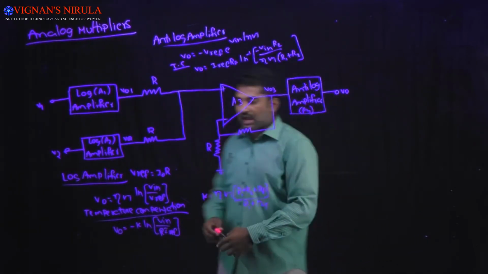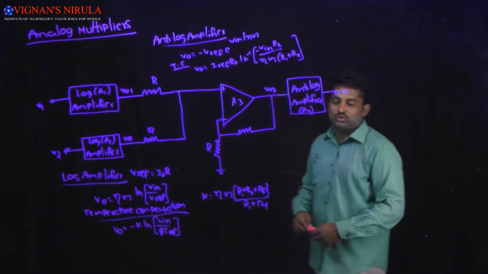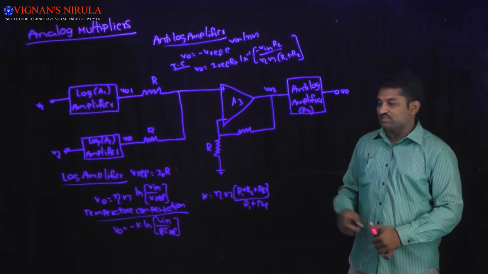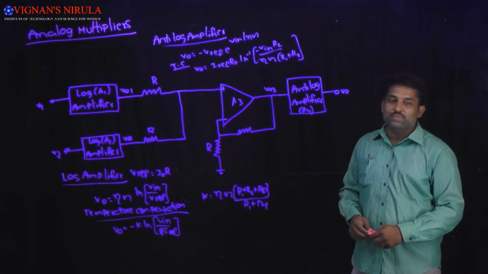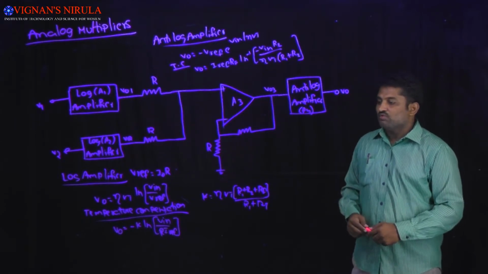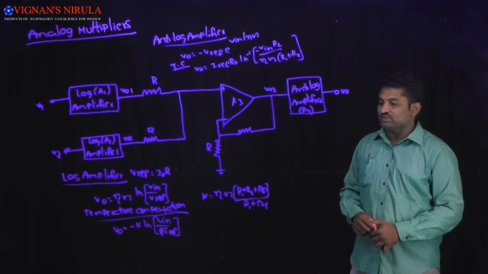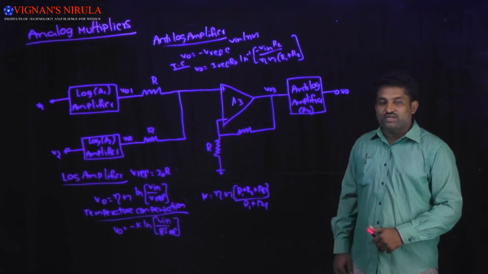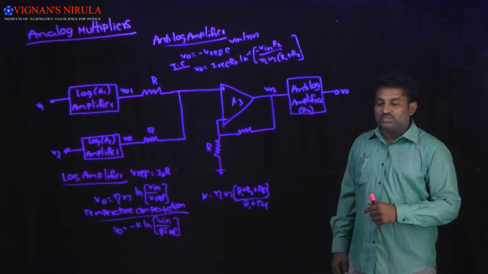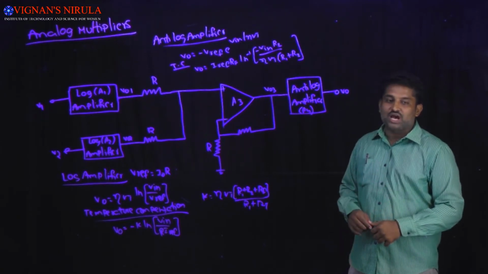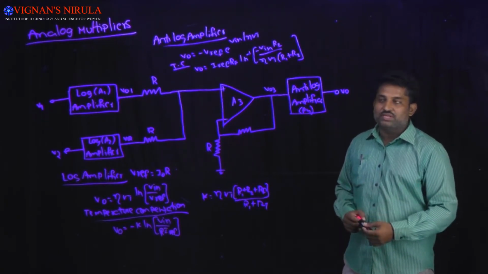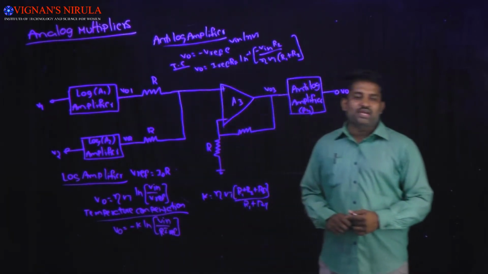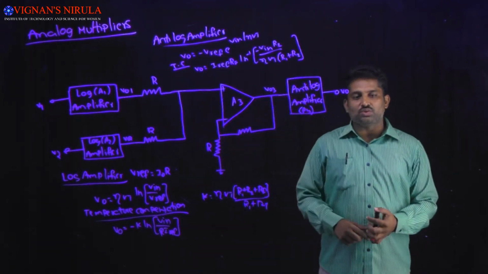For the logarithmic amplifier, V0 is equal to eta into Vt ln of Vin divided by V reference. Similarly, the temperature compensated output is V naught equal to minus K into ln of V1 divided by R into I reference, where K is equal to eta into Vt (R1 plus R2 plus Rf) by (R1 plus RT).